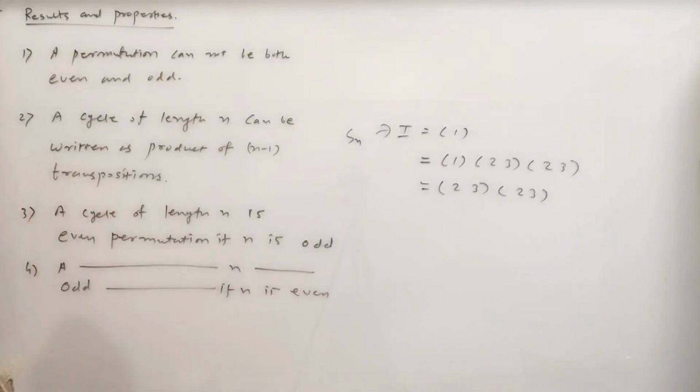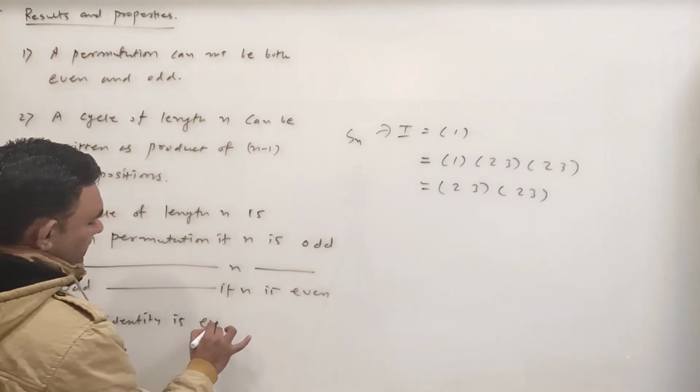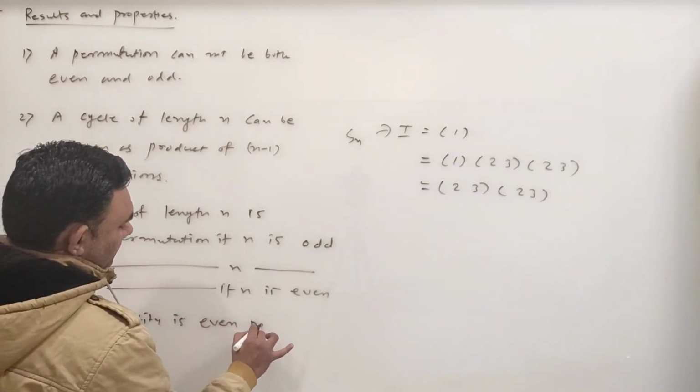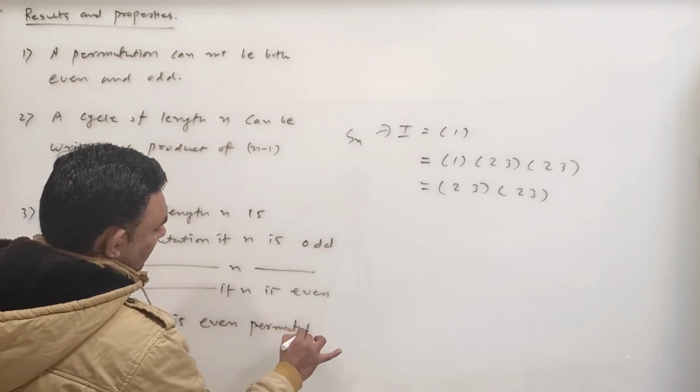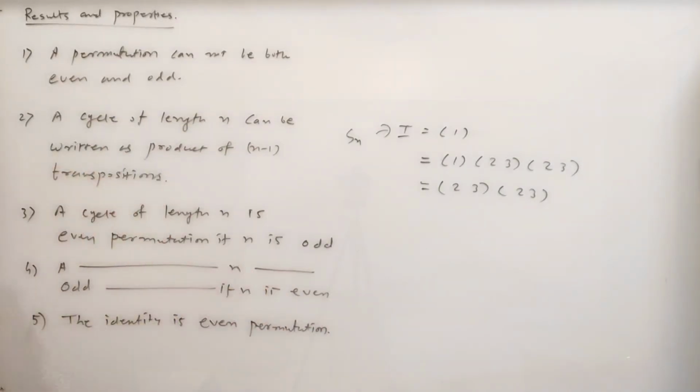So result number 5: the identity is even permutation. Okay.